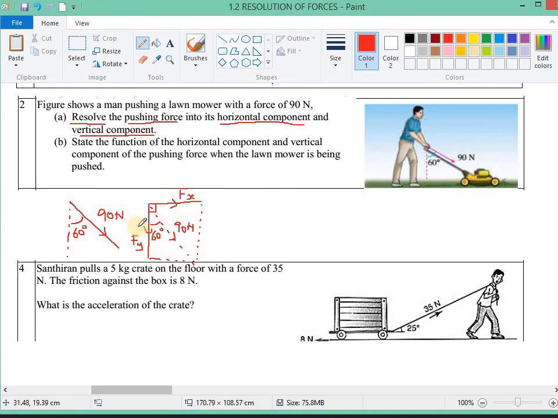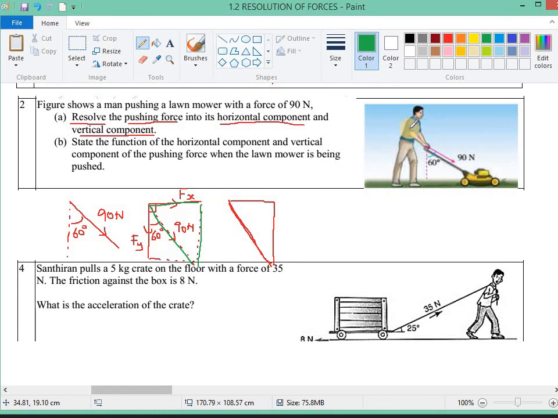From this parallelogram, we can get a triangle that looks like this. Why look like this? Because I take the triangle from this part.